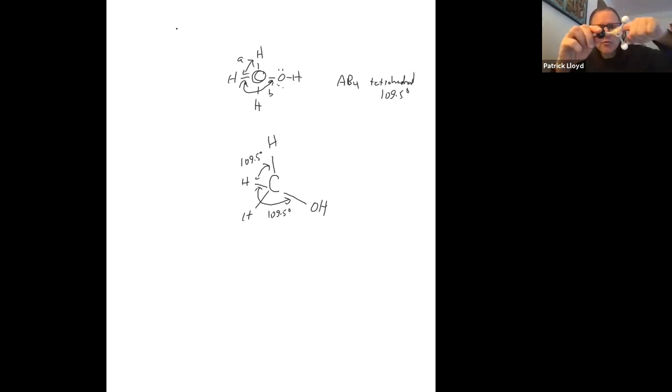Well, that angle would be 240 degrees, but that's not what you would do. If I said, what's the angle between here and here, you wouldn't go around that way. You would just go around that way. It would be 120 degrees. So be careful with that one. You have to make sure you have the arrangement of the atoms using VSEPR theory to be able to predict the angles.